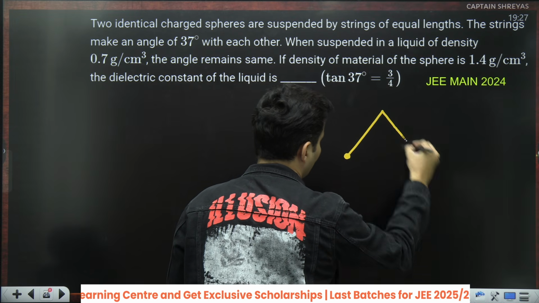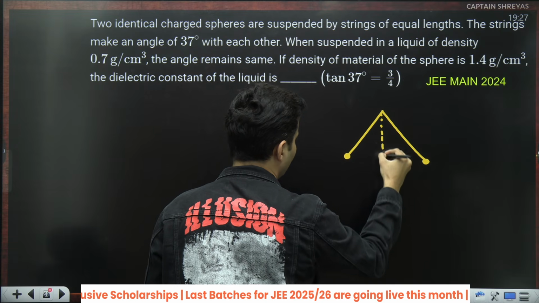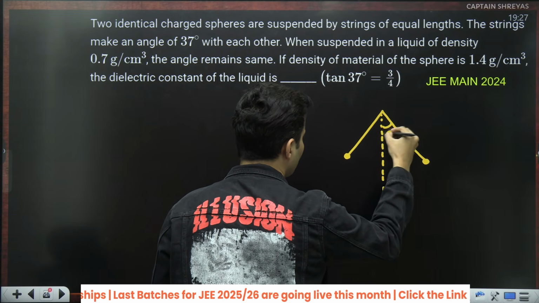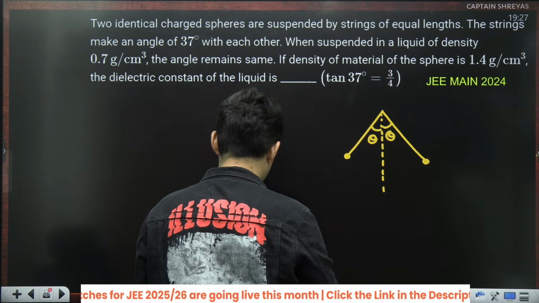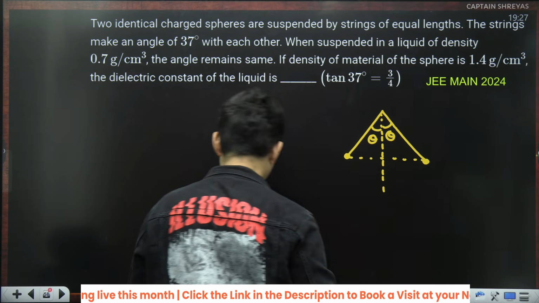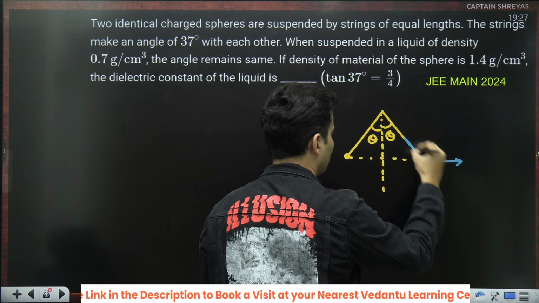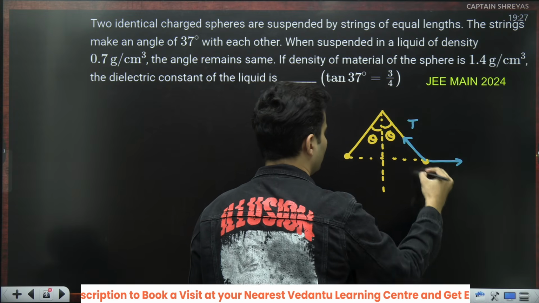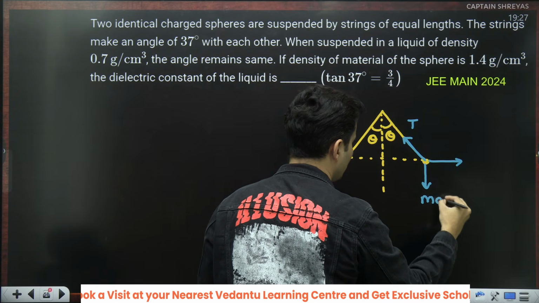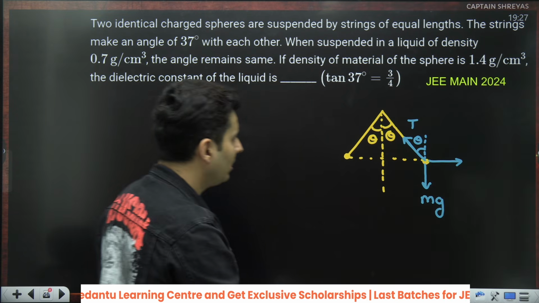Originally, these two would look like this, making a certain angle. Let's say theta and theta. If these two charges are separated by some distance, what you will see, the forces acting are the repulsion forces. Then you will also have tension and you will also have mg, and this would be obviously theta.